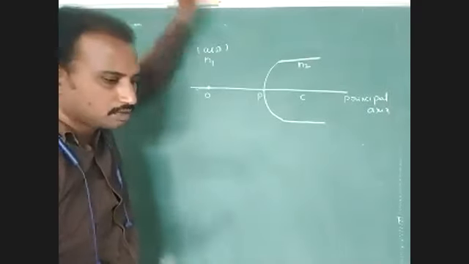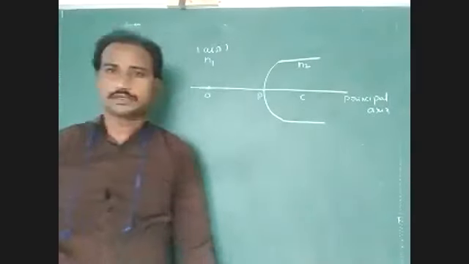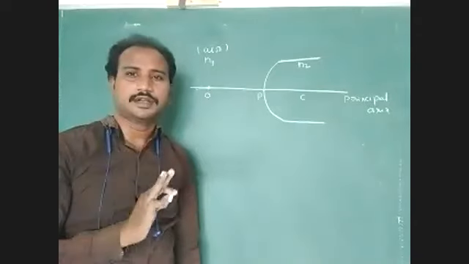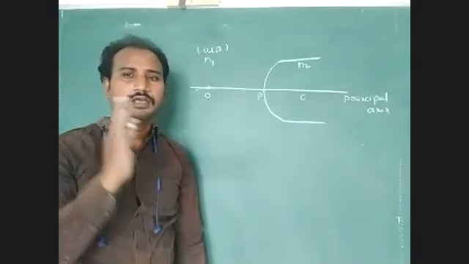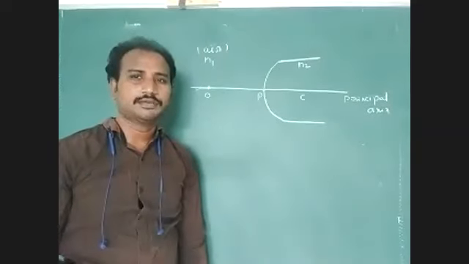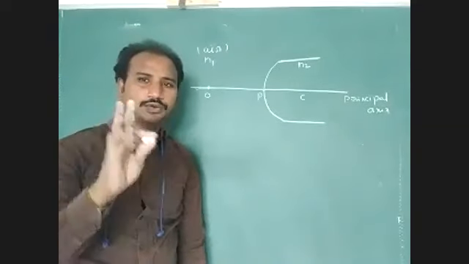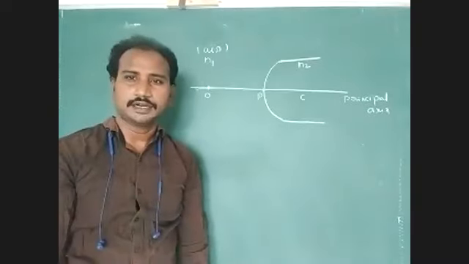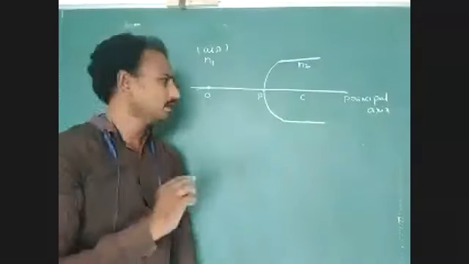How many marginal incident rays are required for us? Two marginal incident rays are required to identify the image formation point. Yes or no? Two marginal incident rays.